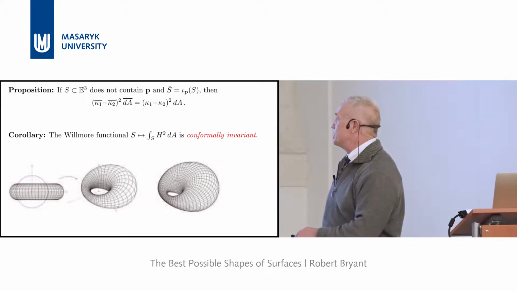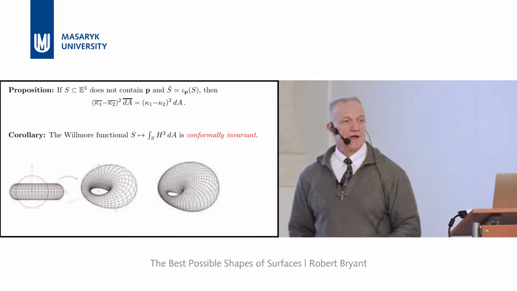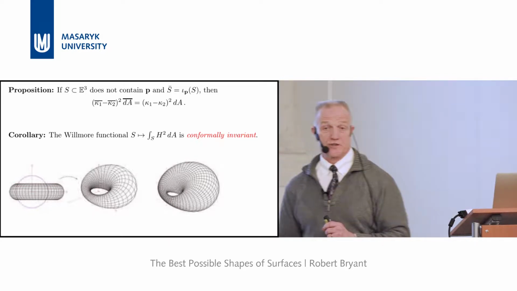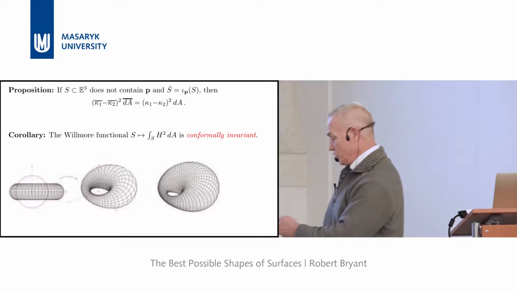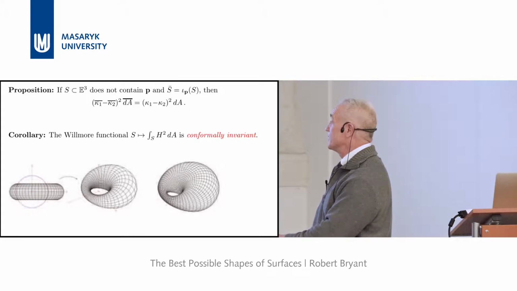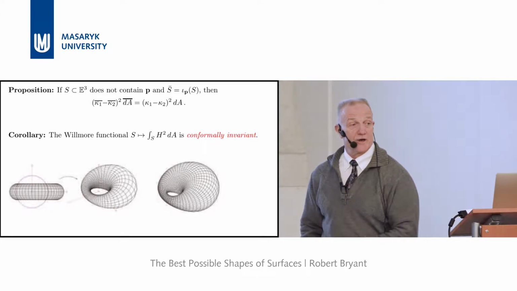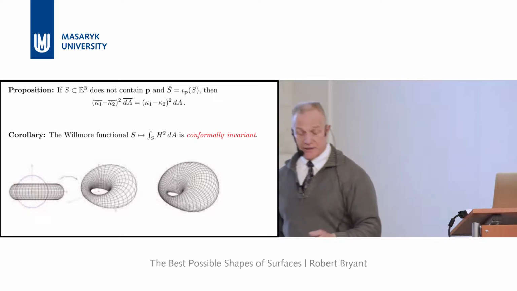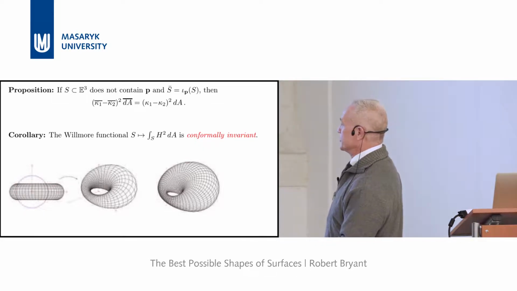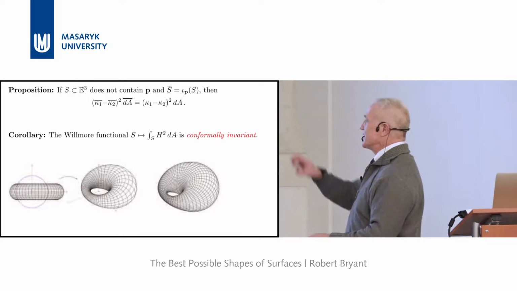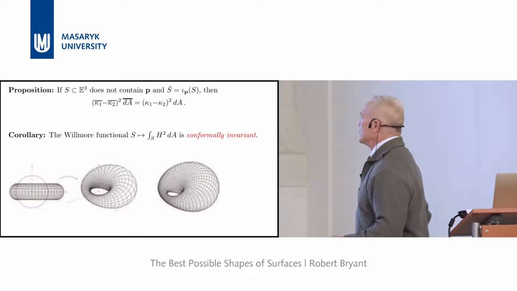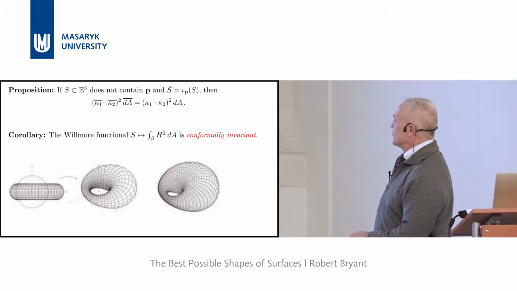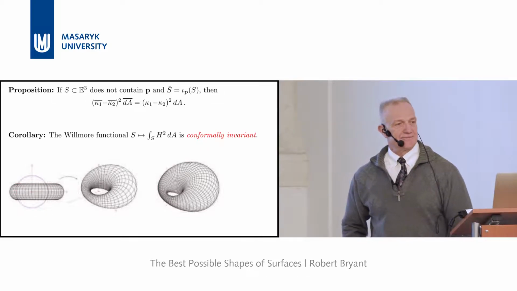It'll be big on one side and small on the other, but it won't have changed the Willmore function. So if we start with a Willmore torus, that is 2 pi squared, this one will also integrate to 2 pi squared. And in fact, depending on how you center things and choose your scaling, you can make the hole as small as you like.